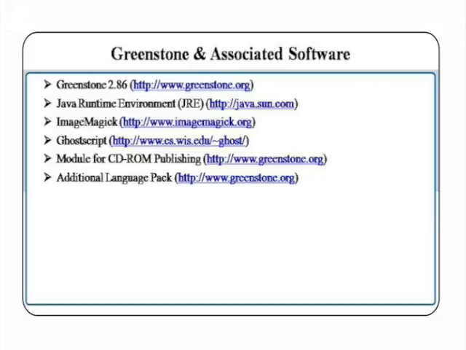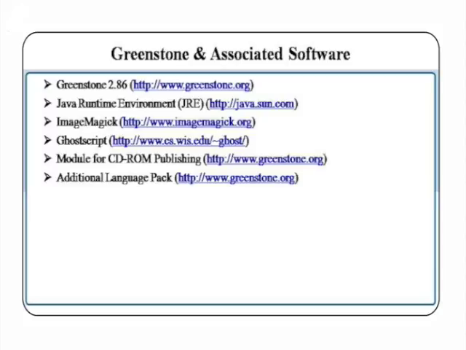So Java is to be installed as part of the Greenstone installation. So Java runtime environment, JRE, not full Java. I'm not asking about the full core Java installation, but the support for Java runtime environment is to be installed for Greenstone. ImageMagick, which I discussed, that it's an open software for managing the images, is required.